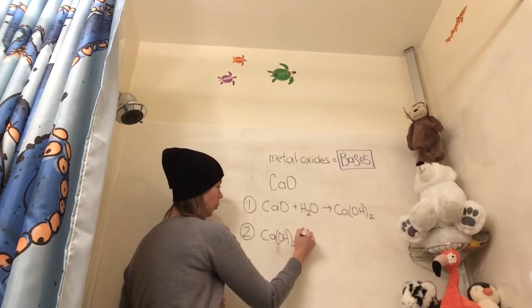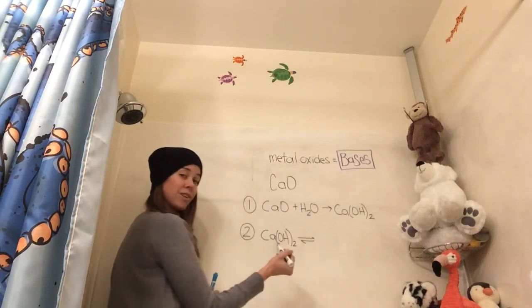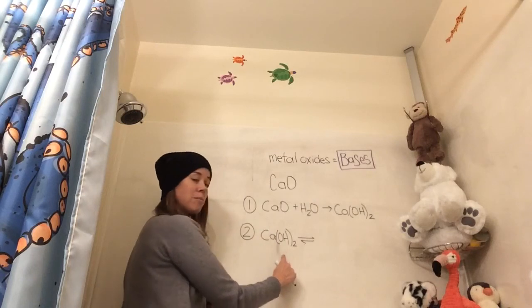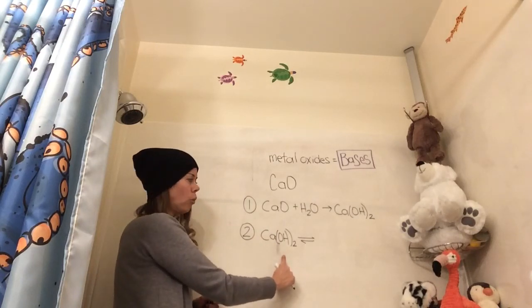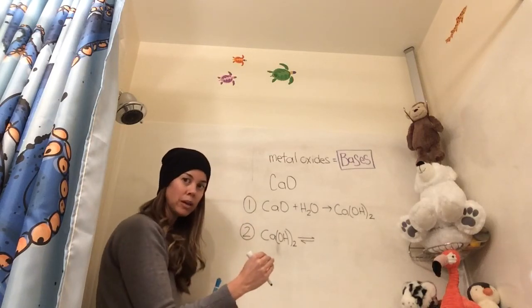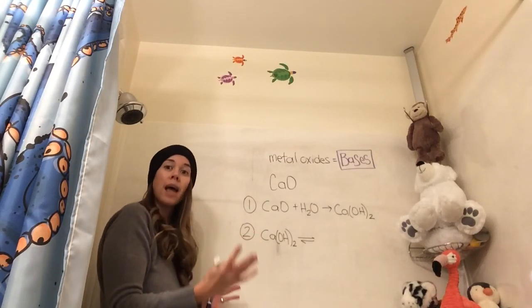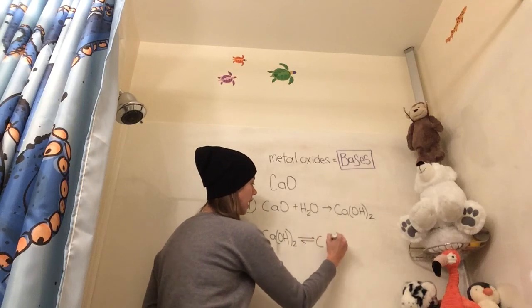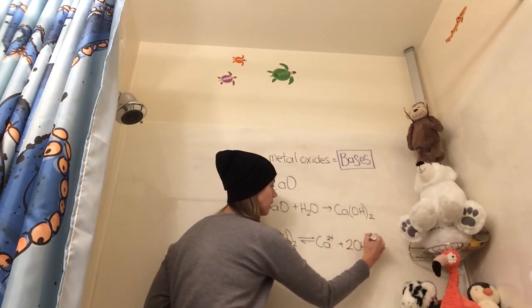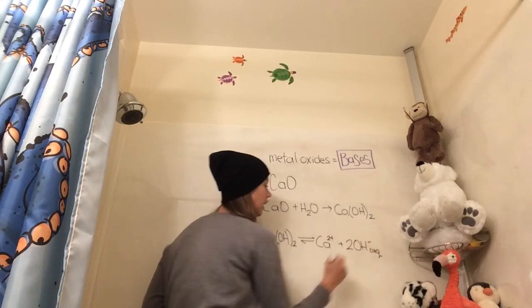and if we put that in water, like I said, the reason why this is a weak base is because this remains mostly solid in water. However, anything that's only slightly soluble is still just that, slightly soluble. So you're going to still get calcium ions and hydroxide ions here.